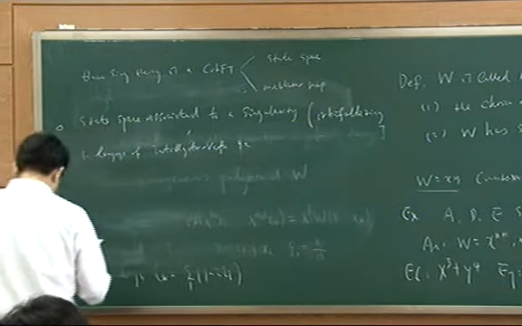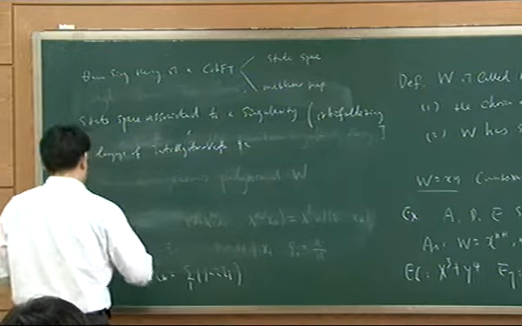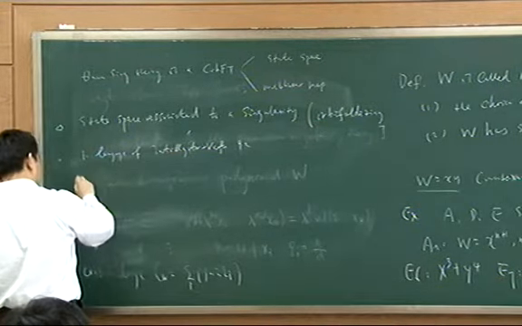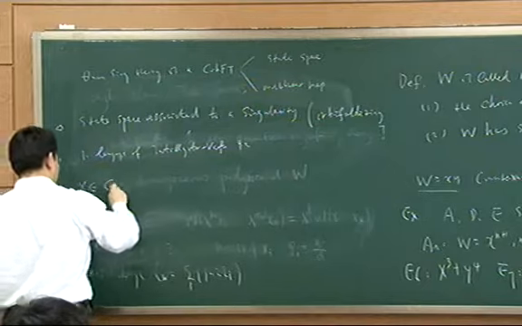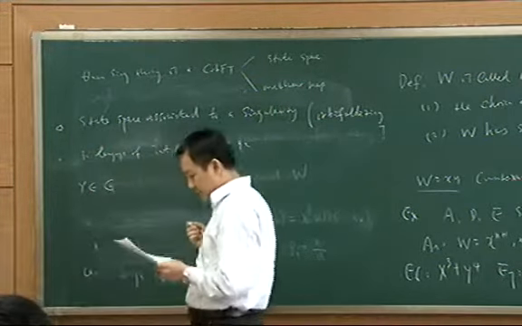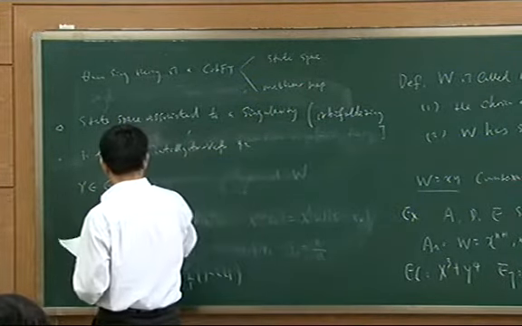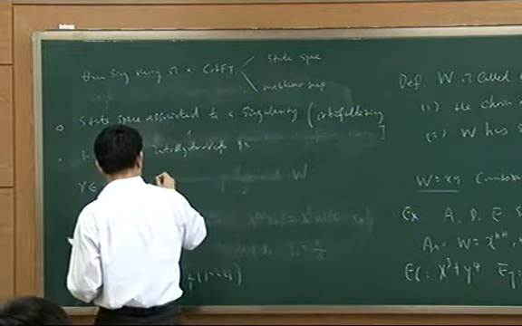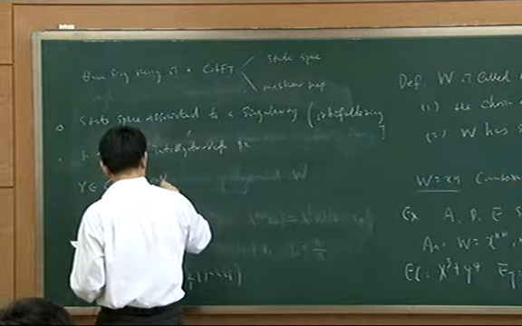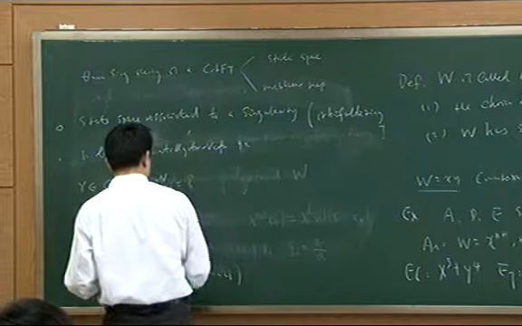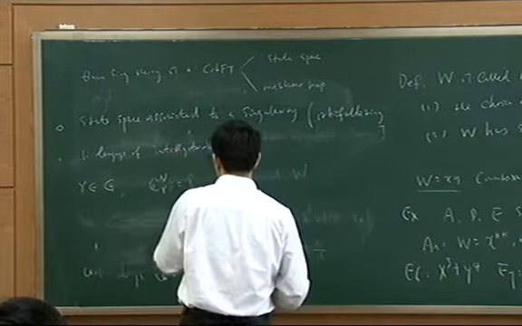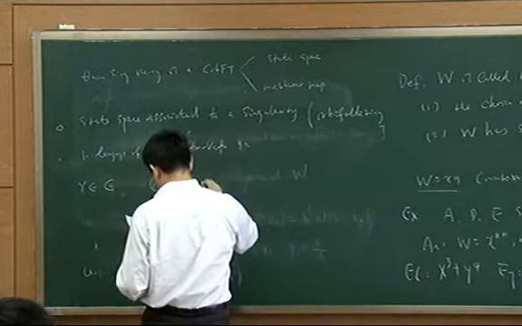So the procedure is like this. Firstly, we take an element gamma, small gamma, in capital G, and then we define the subspace C^n_γ to be the set of fixed points of gamma.